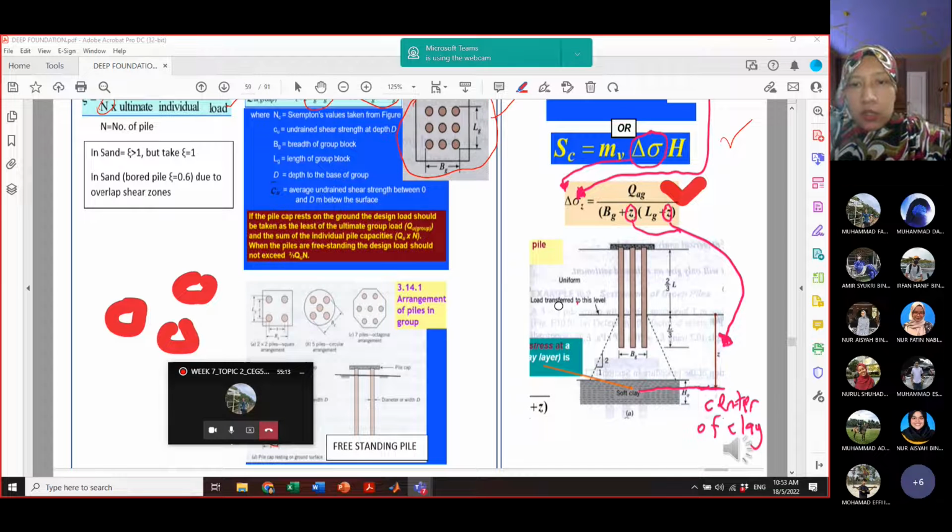These cases bergantung kepada load transferring lah. And then also the Z. So Z, BG, LG ni is depending to the pile group's dimensions. So we want to estimate the settlement of the pile group by looking to this one and these figures to estimate what is the delta sigma Z, barulah kita boleh masukkan dalam formula untuk kira settlement.